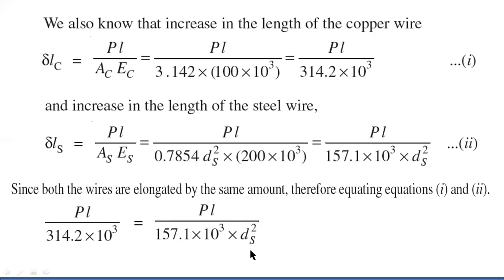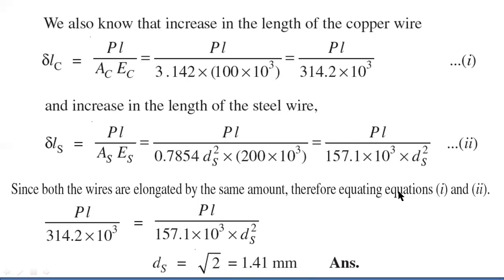Then there is only one unknown in the equation, that is ds². The diameter of the steel wire ds is equal to the square root of 2. The answer for the steel wire is 1.41 mm. This is our required diameter of the steel wire.